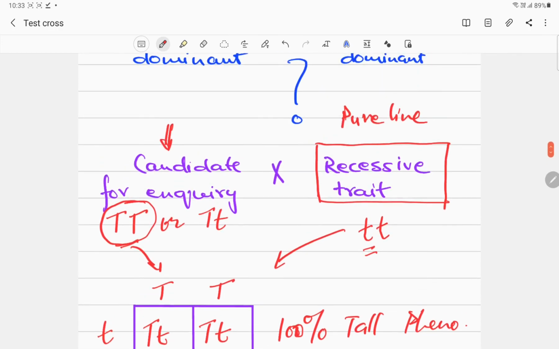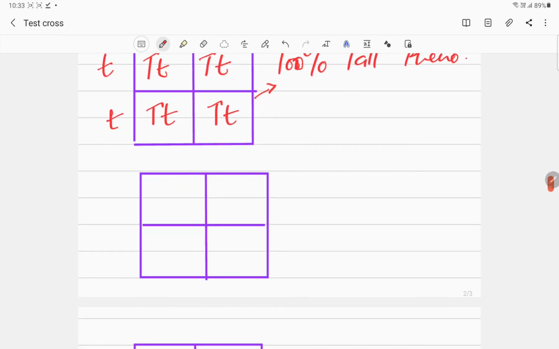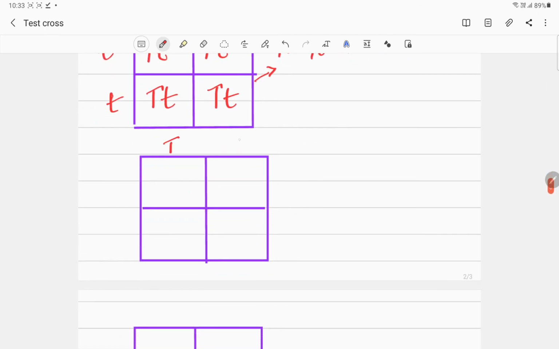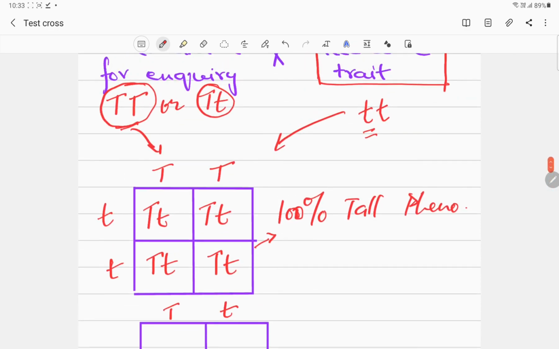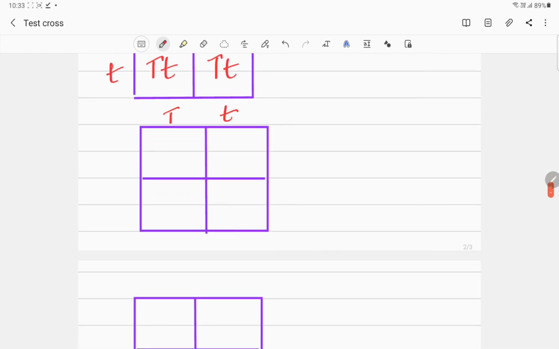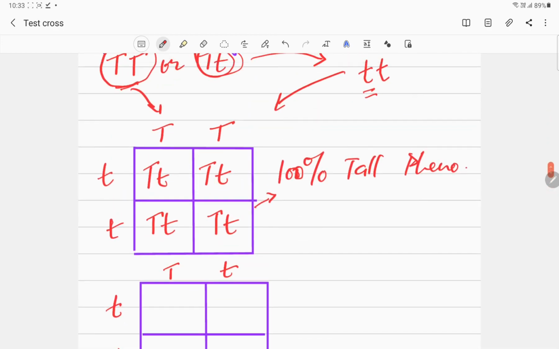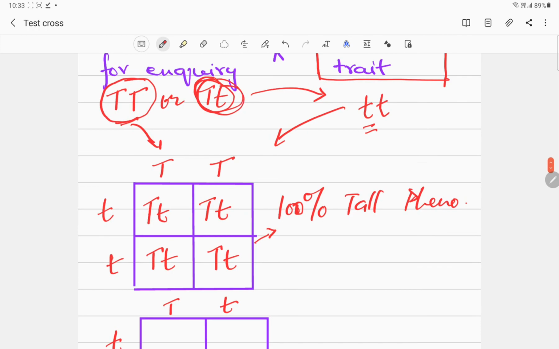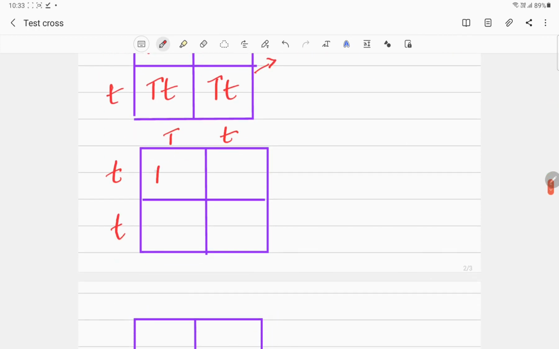But what if my plant is a heterozygous dominant? Let us see what happens. Now heterozygous dominant is capital T small t, and I'm crossing it with a plant that has recessive traits. So I take the recessive gametes onto the sides, and now let us fill the Punnett square for the second case. I get capital T small t, small t small t, capital T small t, and small t small t.